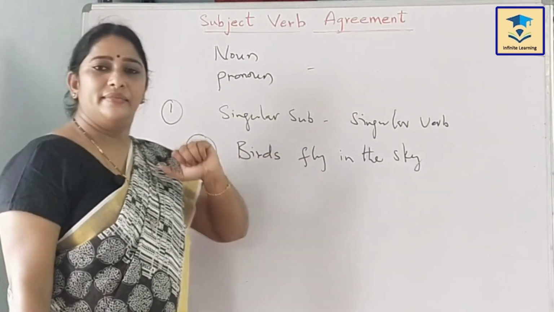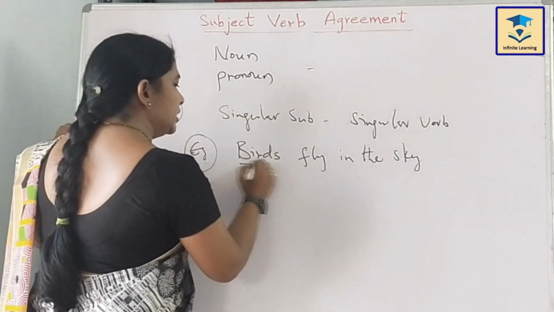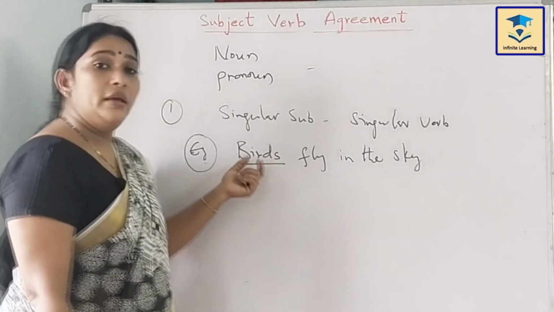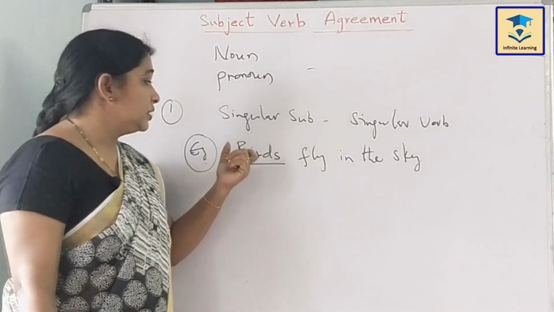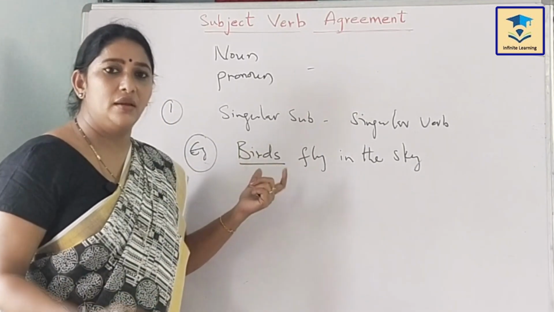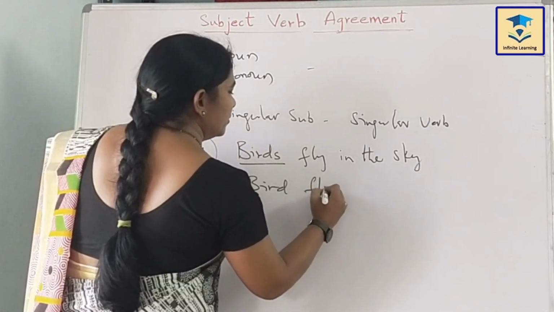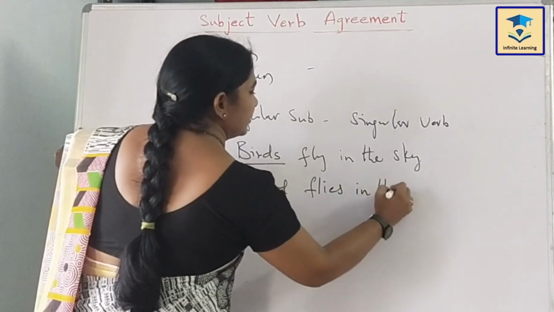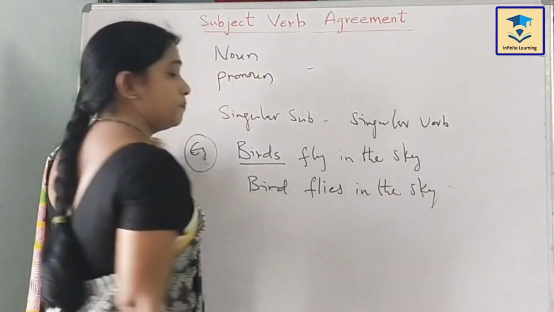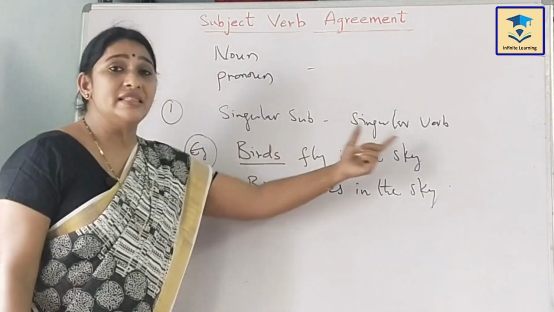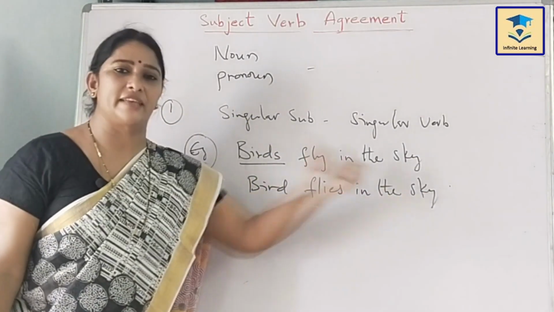Birds fly in the sky. Is birds the subject here? Is it singular or plural? It is plural. Birds. Bird flies in the sky. Birds fly in the sky. Bird flies in the sky.